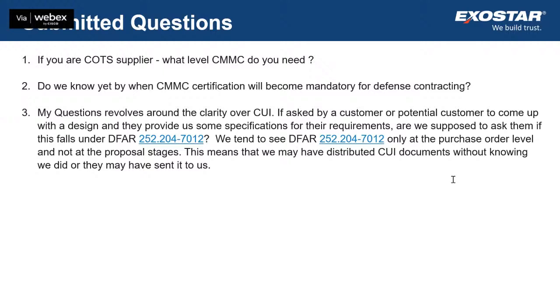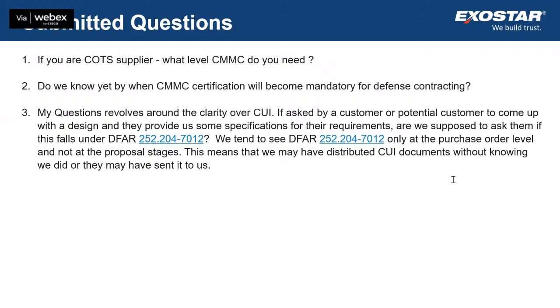Now, as I mentioned before in the last question, if you receive information from a prime contractor or somebody else in that supply chain, the information that is controlled unclassified information should be marked as such. If there's any questions about it, you should ask those questions and ask them if it is, or if as part of this contract they expect there to be.